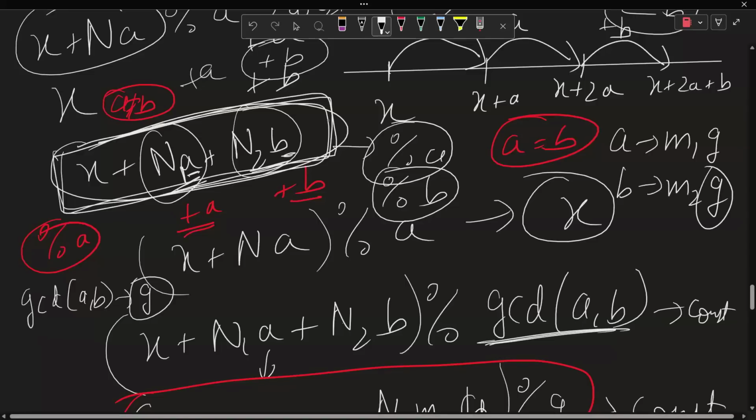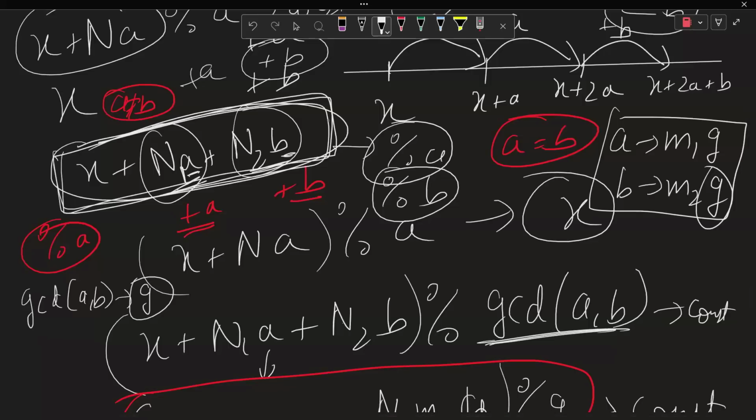G is the greatest such number. This is what GCD is, the greatest common factor.